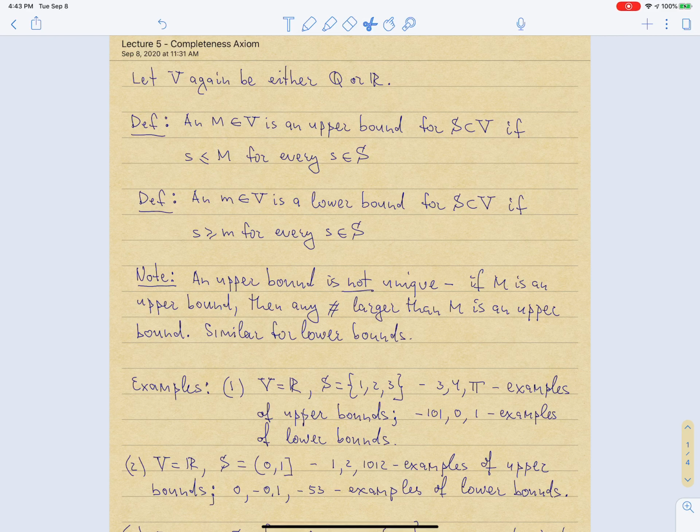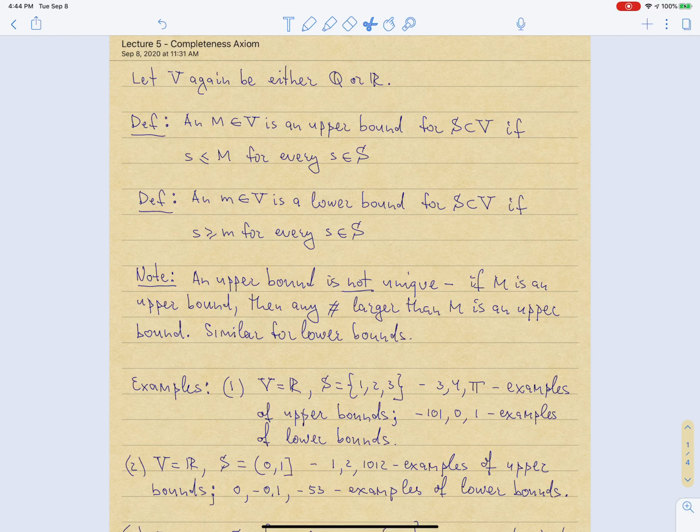So definition number one, if we have a number that belongs to V, so that means that capital M is either a rational or real number depending on the context, then we're going to call this capital M an upper bound for some set S, capital S, in V. So capital M is going to be an upper bound provided that for any element of a set S, for any number in a set capital S, that number is going to be less or equal to M, to capital M. So in that case, we're going to say that capital M is an upper bound.